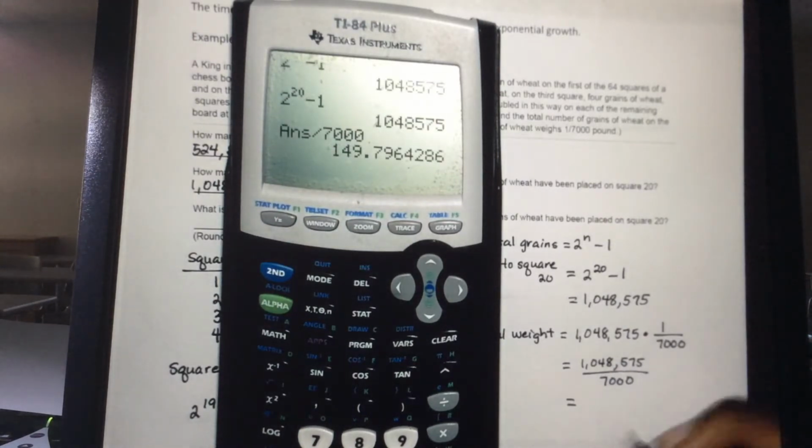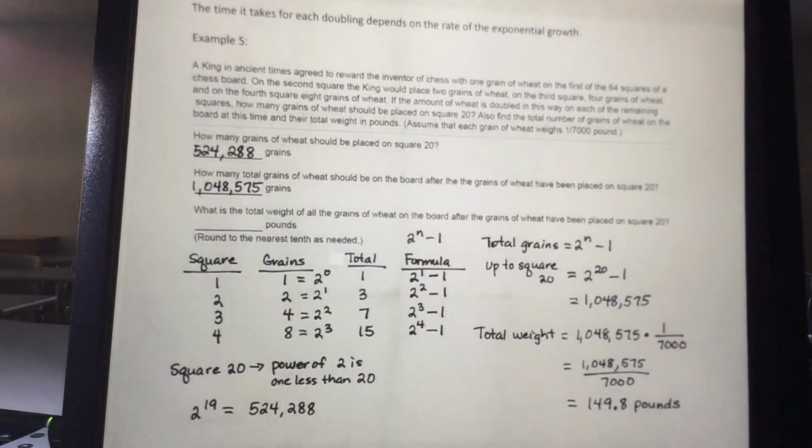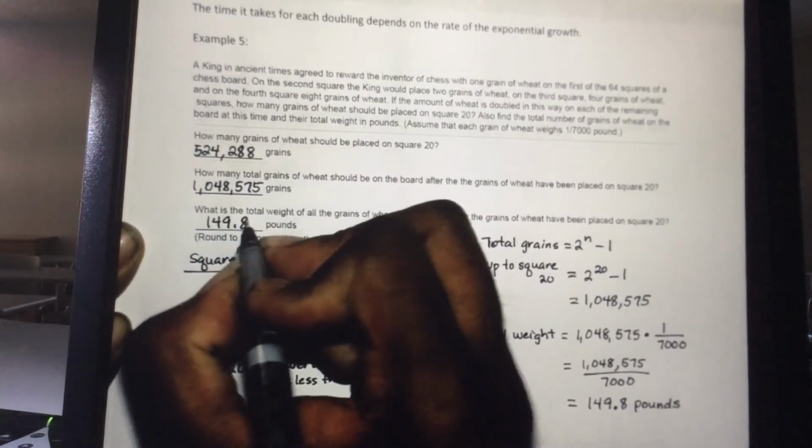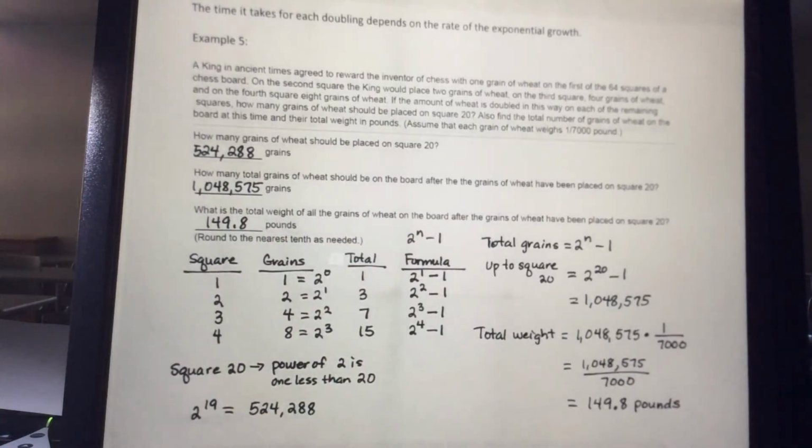We're going to say that's approximately 149.8 pounds. So in this case, the total weight will have to be 149.8 pounds after the grains of wheat have been placed on square 20.